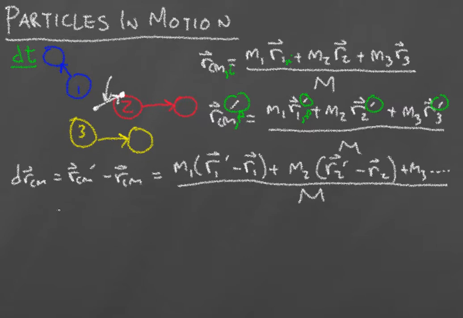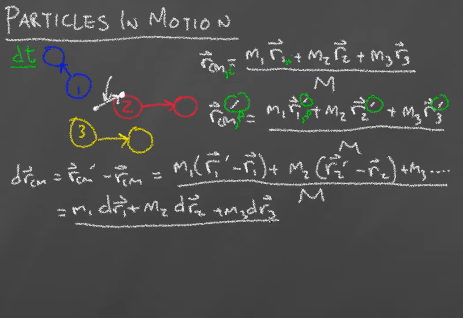But we see this is the same thing as mass 1 dr1 plus mass 2 dr2 plus mass 3 dr3, over m, where this would be dr1, this would be dr2, and this is dr3.